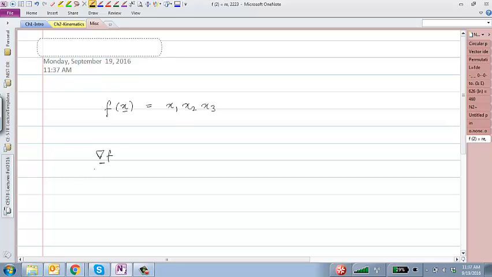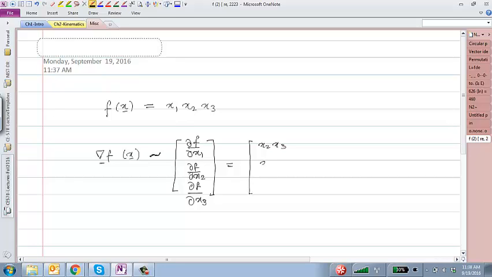So the gradient of that scalar field of x, and actually again here this equal to is fine because it's a scalar on both sides. Here I'll mark it as can be represented by, and one easy way to do that is to take partials of this function with all 3 variables, and of course that turns out to be equal to x2 x3, x1 x3, and x1 x2.